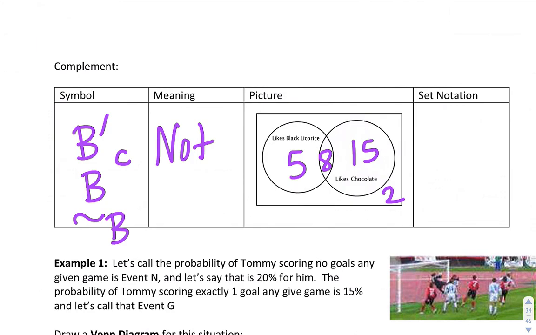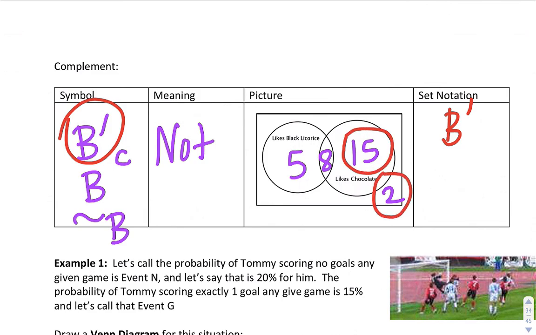I think the most common one used is the one with the prime. If I say B prime, how many don't like black licorice? That would be the outside, not in the black licorice circle, and so we would have 15 and 2. So complement means not in that set.